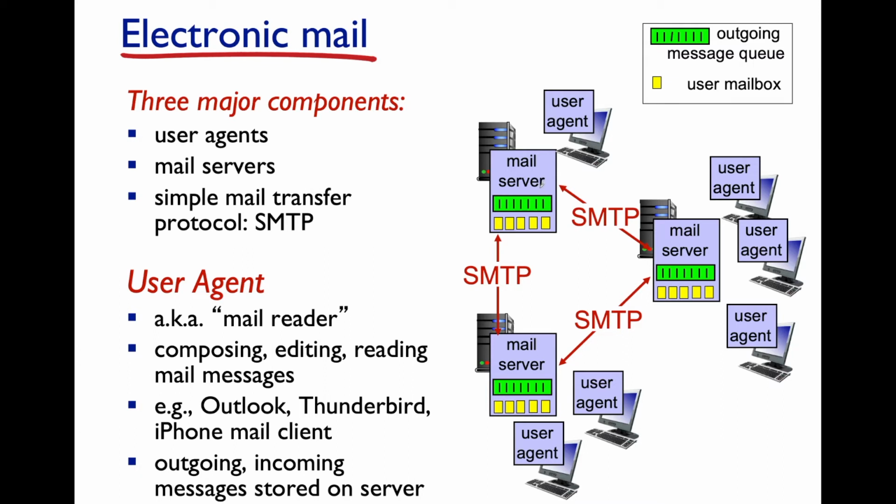And the reason why it's a queue is because the user agents don't have to be connected to the mail server all the time. So you come along, you send your email, it gets dropped into the outgoing message queue, and then the user agent goes away. You don't have to be connected actively for your message to be delivered.